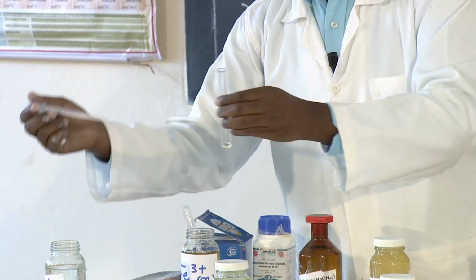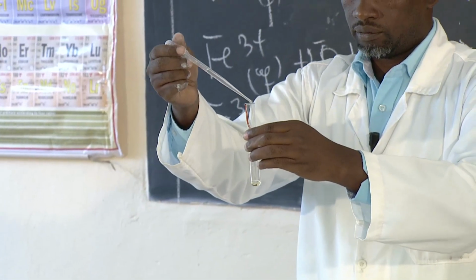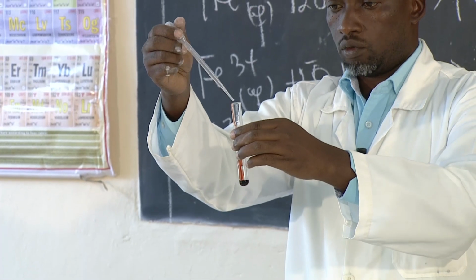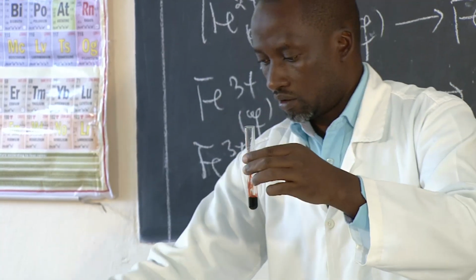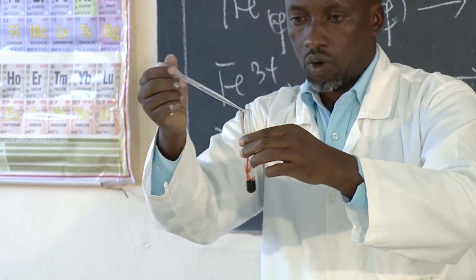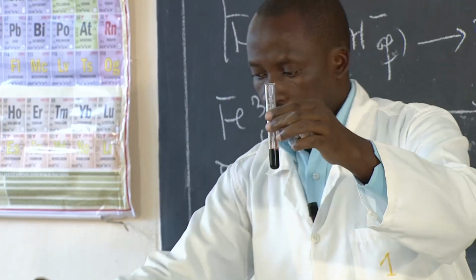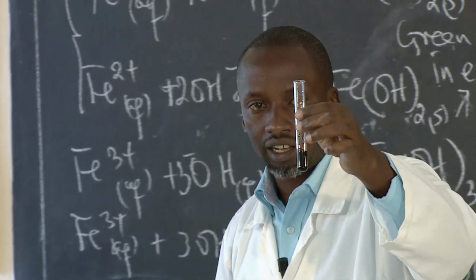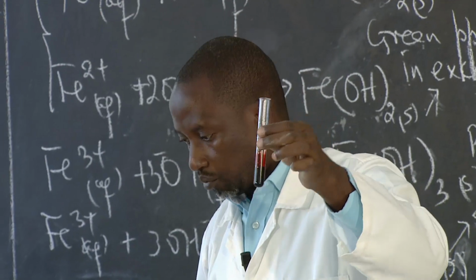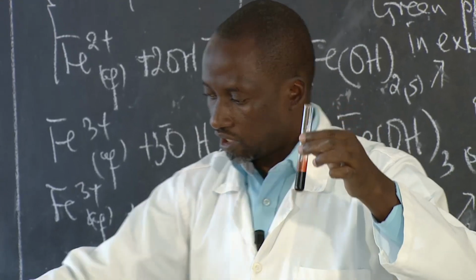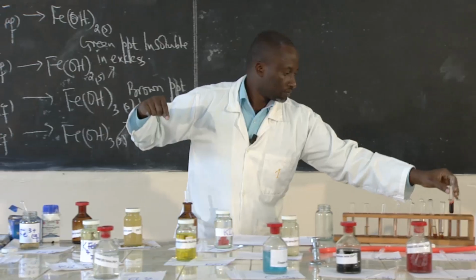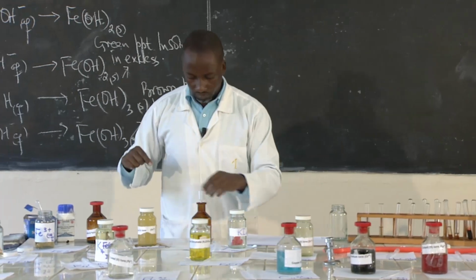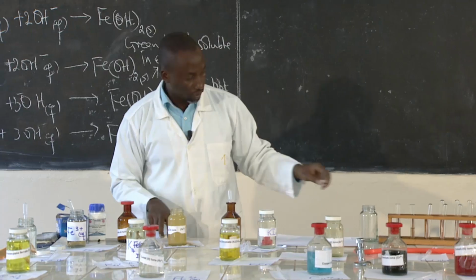Then we can add potassium thiocyanate. See what happens? Red blood coloration. Red blood coloration. So let's see the effect with iron 2, whether it gives the same effect. This is iron 2.